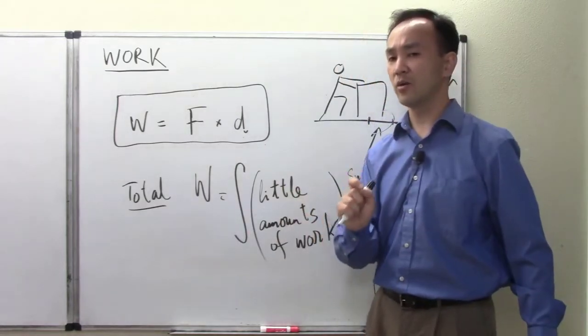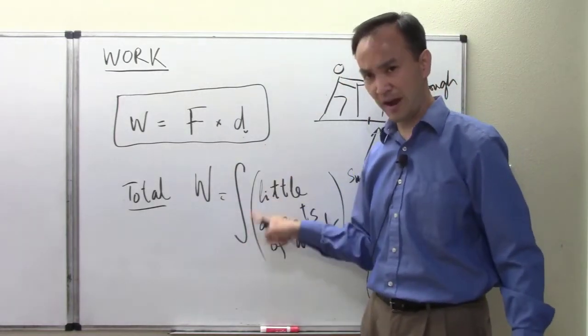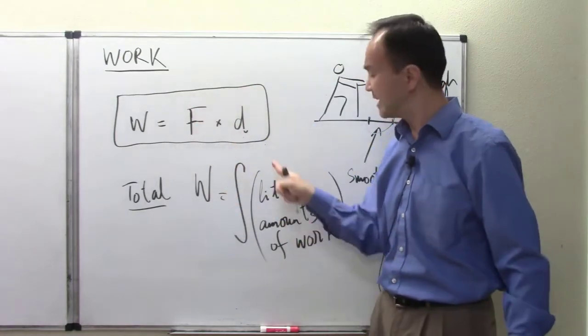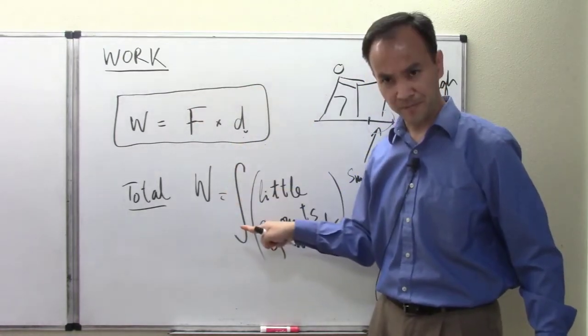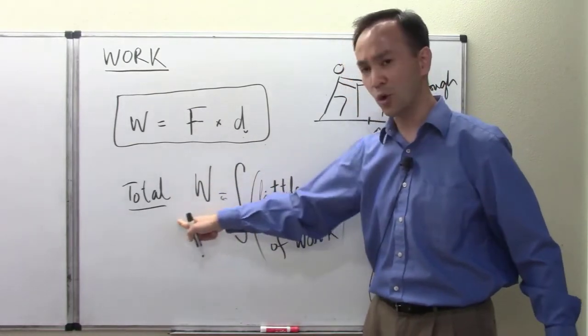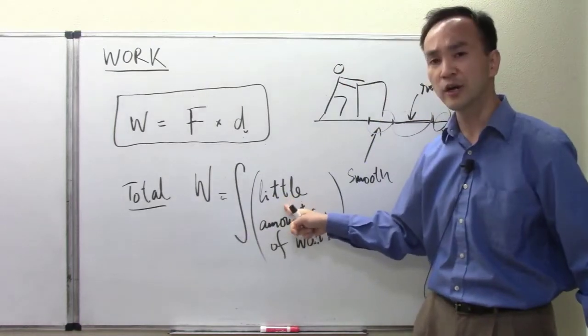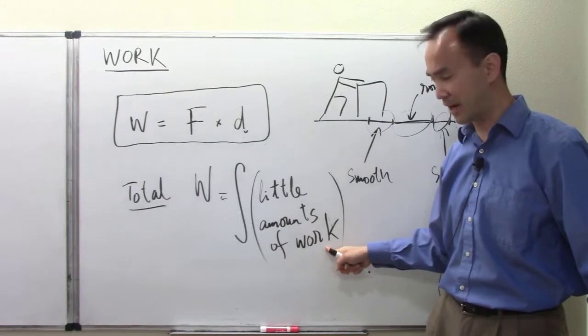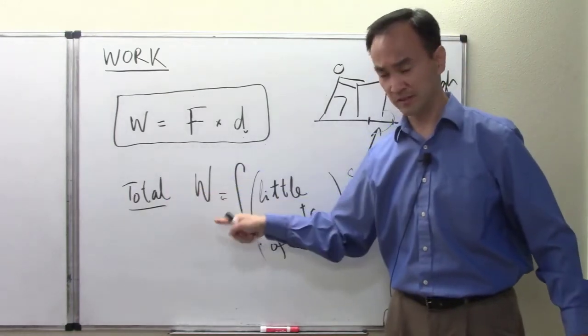Anytime you see this symbol, outside of reading it out loud as an integral sign, it's accumulation. Okay, what are we accumulating here to get the total amount of work? We're accumulating all of the little amounts of work, so that we can reach the total amount of work right here.